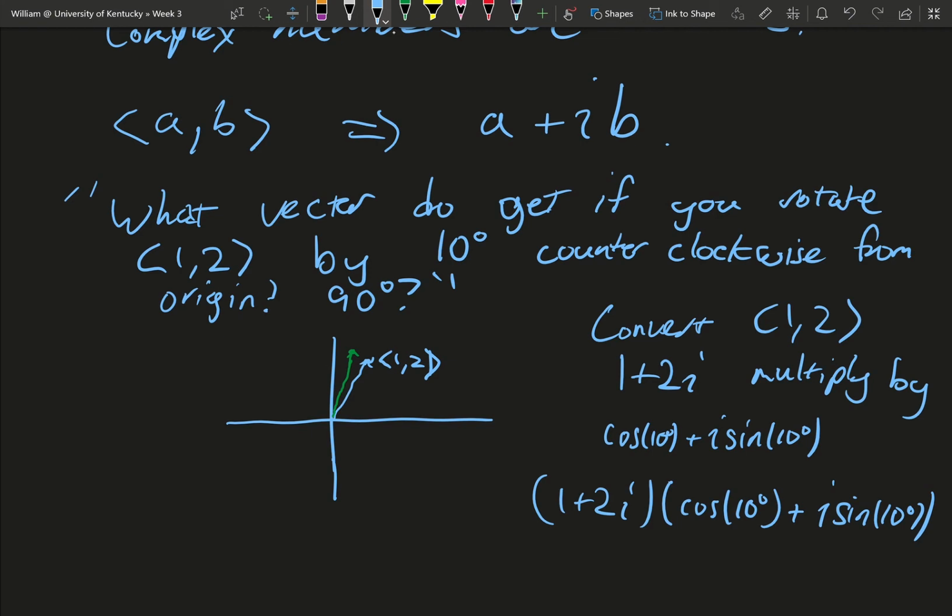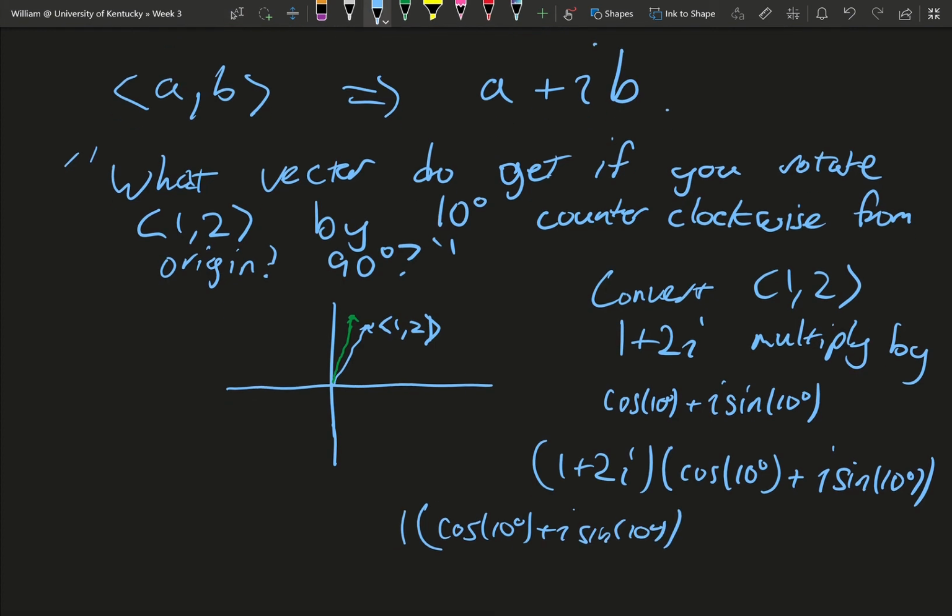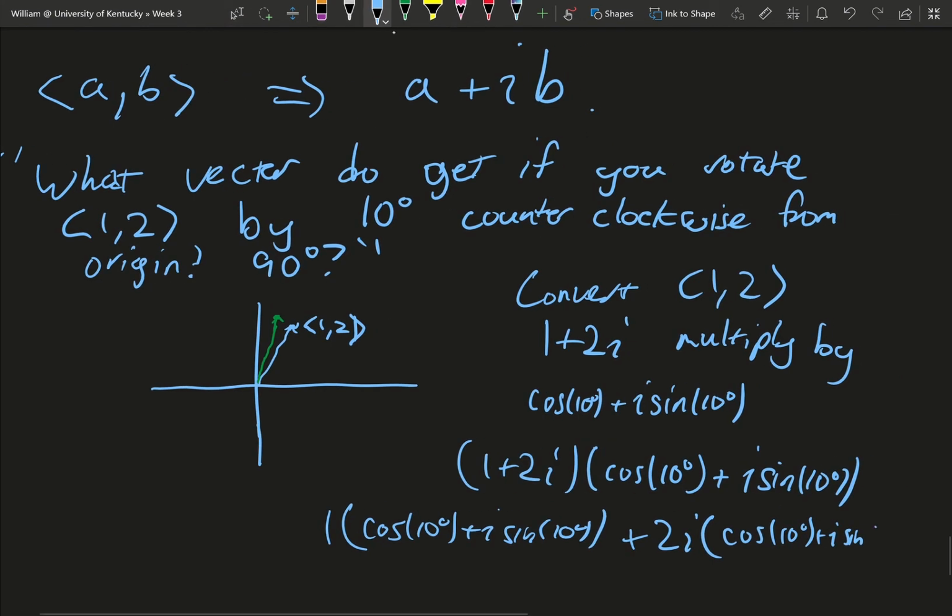So 1 times this gives us i still unchanged, right? Our rule here is just, keep them separate, but anytime we multiply two i's together, make that a -1. So here, let's see, we would get -2 for the real part.